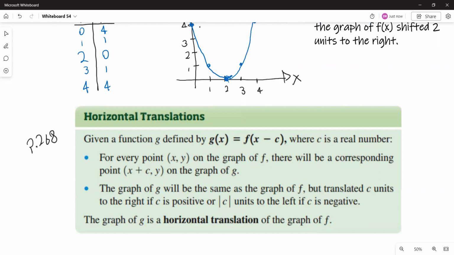Given a function defined by g of x equals f of x minus c, where c is a real number, for every point (x, y) on the graph of f, there will be a corresponding point (x plus c, y) on the graph of g. So the graph is going to shift c units to the right. Note that we have a negative sign there.